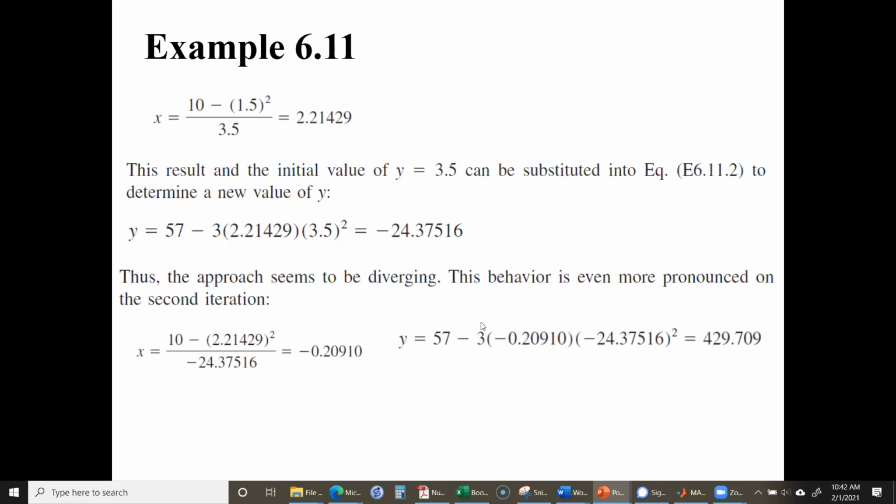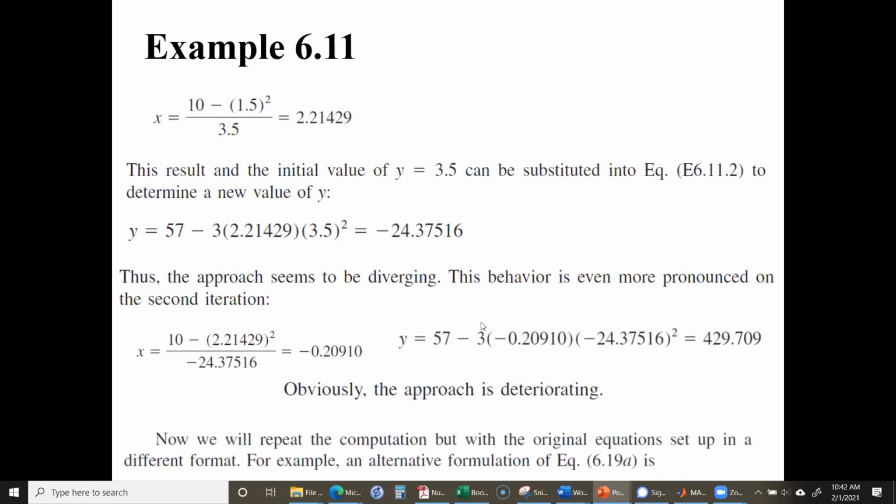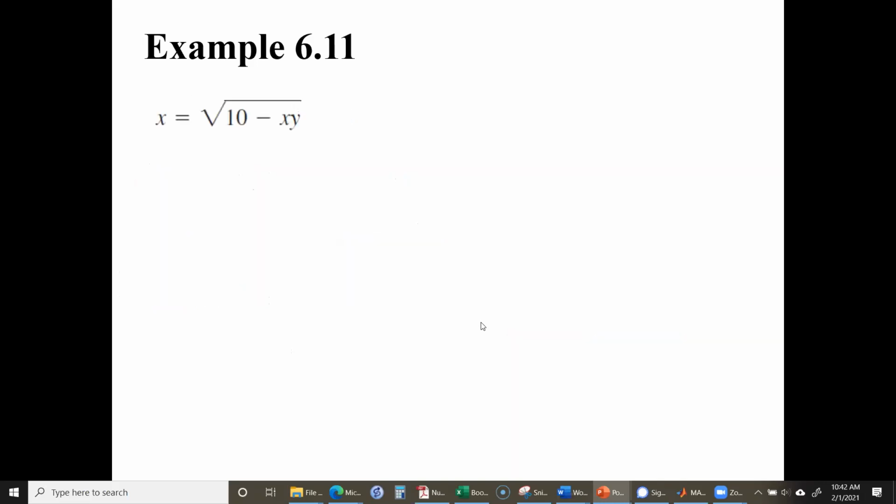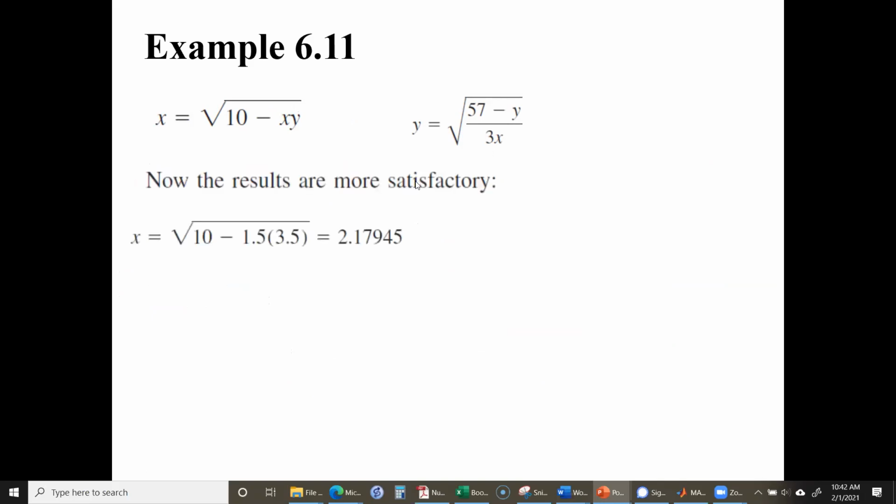So what is the other way? The other way is maybe that we can write the equation into this form, and then apply the method, and write the other equation into this form. So the same equations we can write in different forms, and then we apply the values. First we apply the 1.5 and 3.5, these two values.